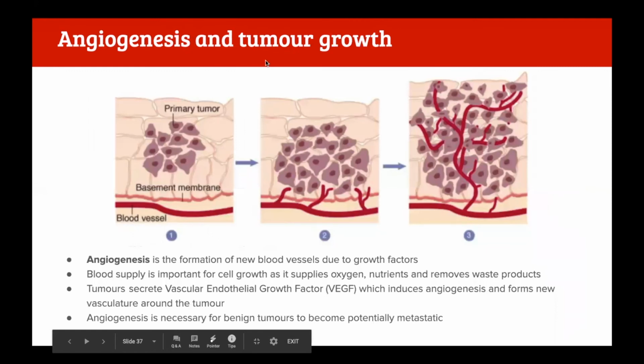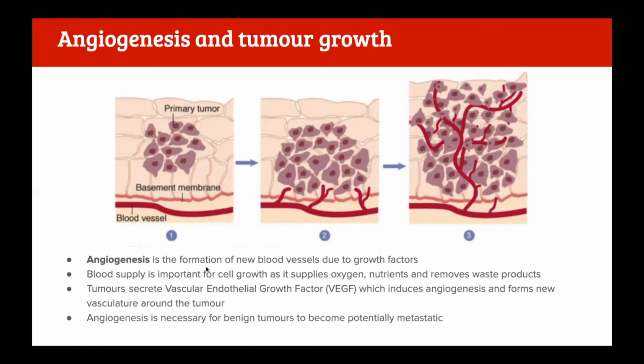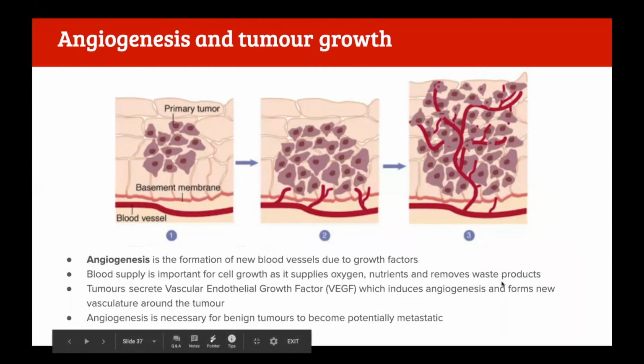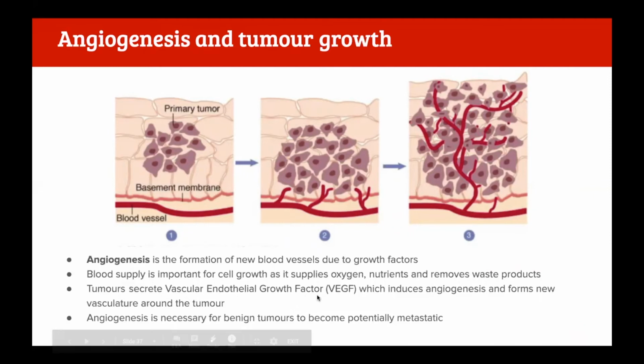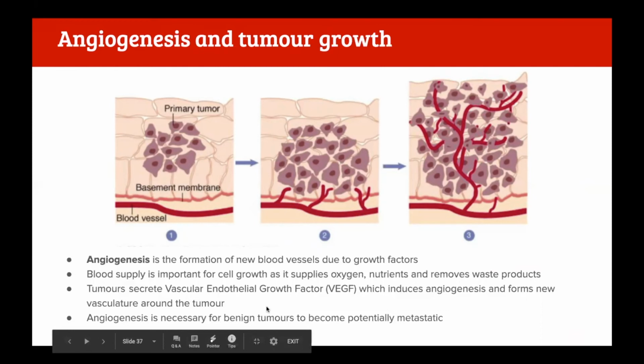Okay, so angiogenesis and tumor growth. So angiogenesis is the formation of new blood vessels due to growth factors. So blood supply is important for cell growth as it supplies oxygen, nutrients, and removes waste products. Tumors secrete a growth factor called vascular endothelial growth factor, VEGF, which induces angiogenesis and forms new vasculature around the tumor.